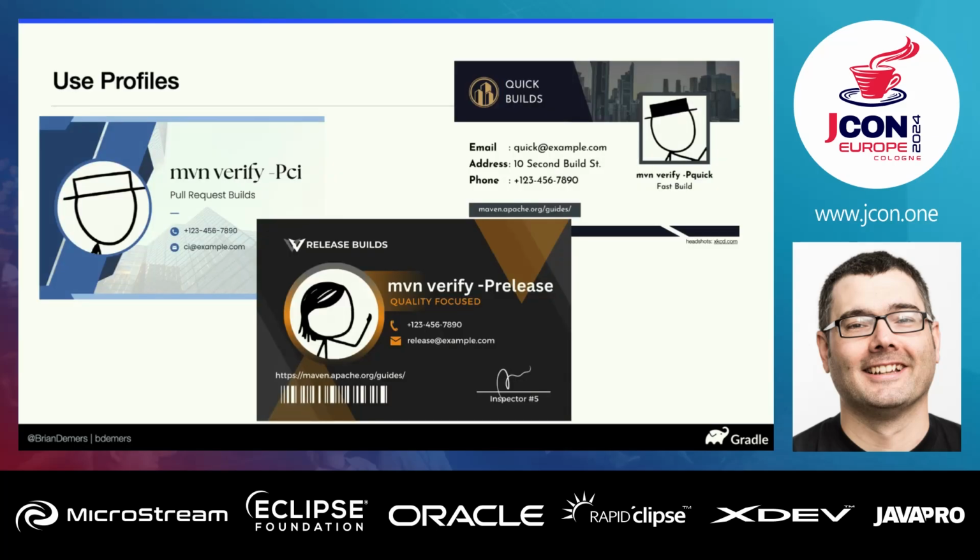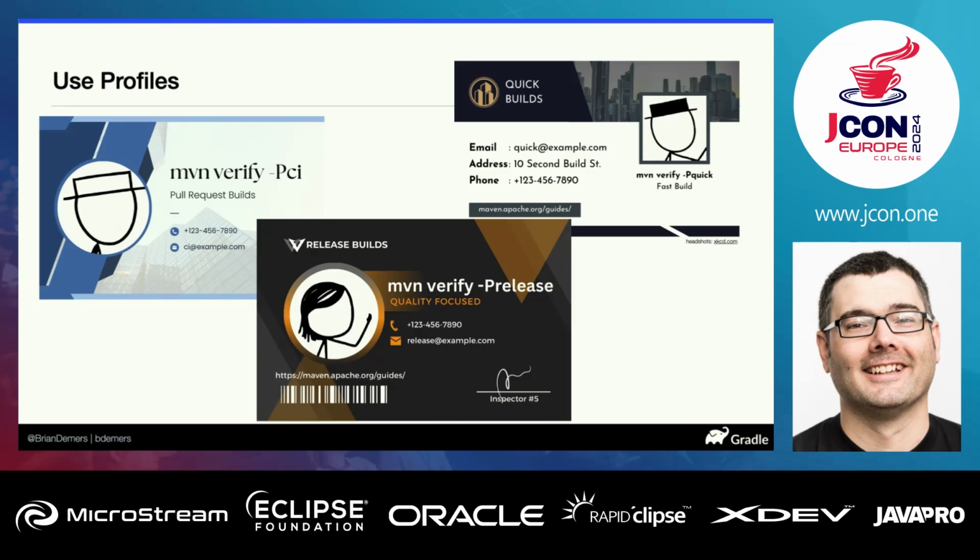All right, who's using profiles? Okay, a lot of folks. I think you may also be using profiles if you don't know it. Sometimes they're hidden in somebody's parent POM. They may be defined, but maybe you're just not aware of it. I've worked at shops where we had a -P quick build where we compiled everything, ran a couple of smoke tests, and that was kind of the main way to get your application running.